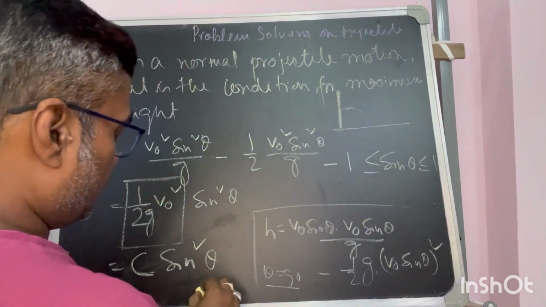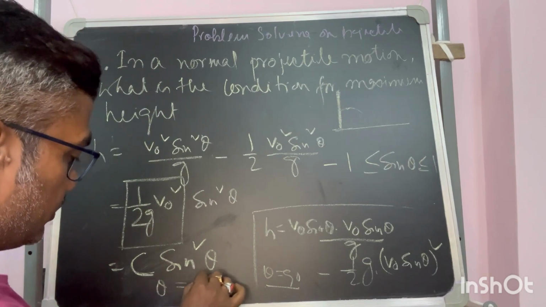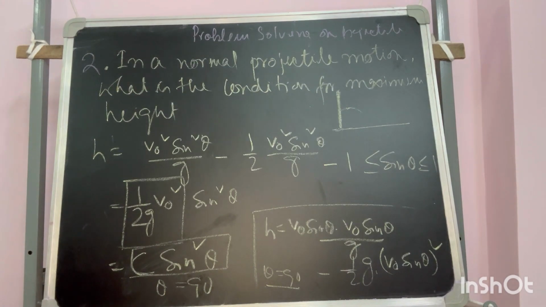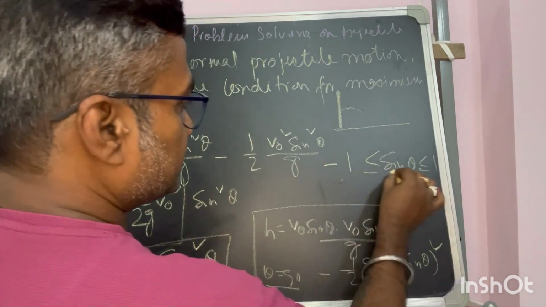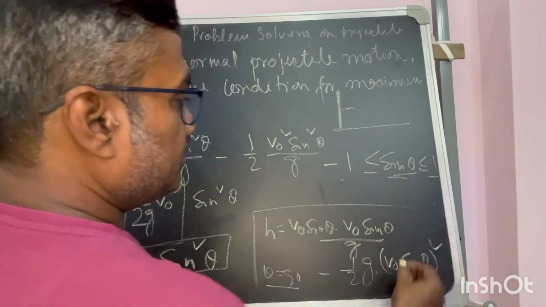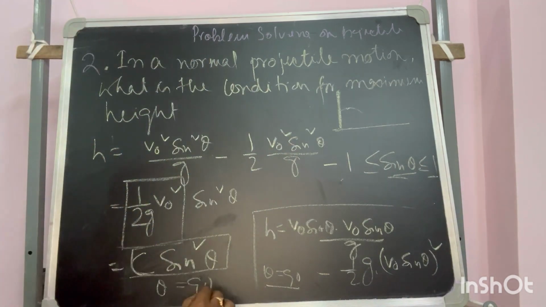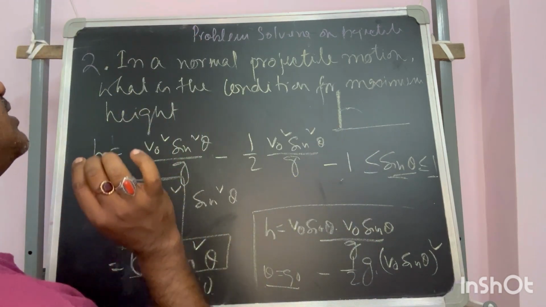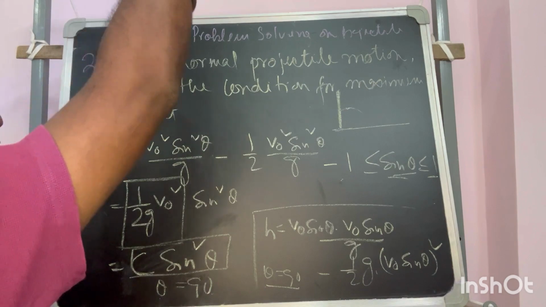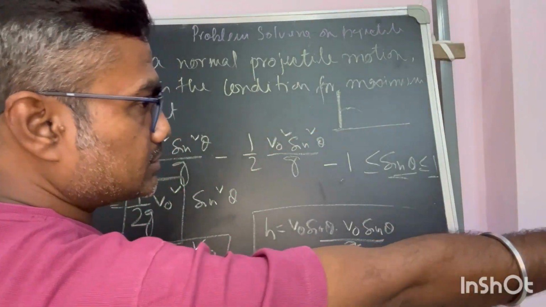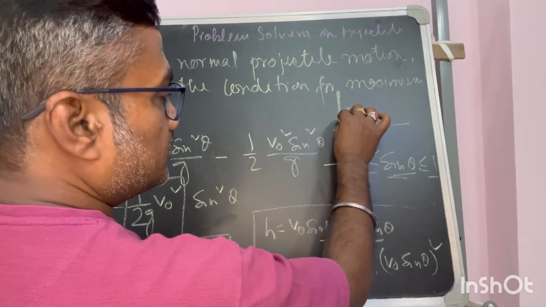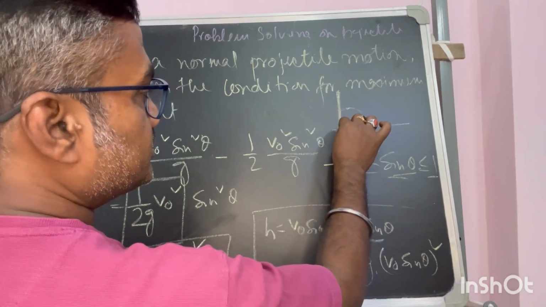So only for theta equal to 90 degrees is this value at its maximum, because in that range sine theta is maximum. The only consideration is that if theta is equal to 90, that means if I throw that object just vertically up without giving any angle with the horizontal, I can reach the maximum height.